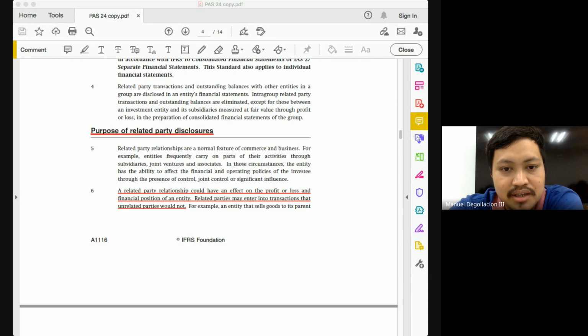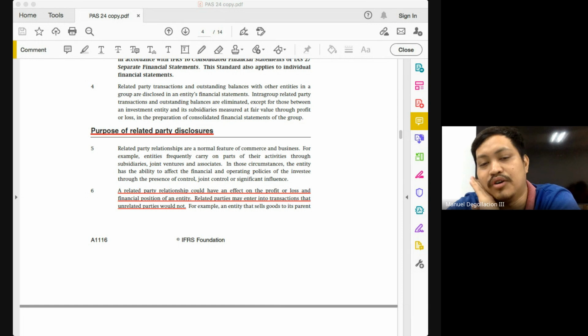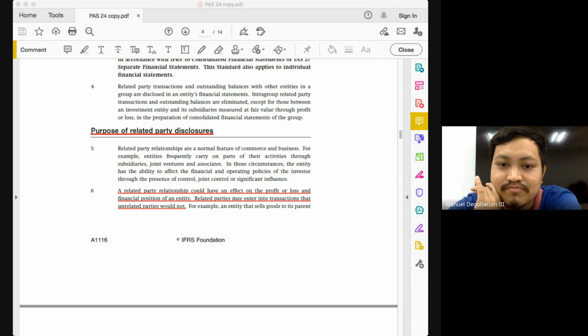Take note of paragraph 6. A related party relationship could have an effect on the profit or loss and financial position of an entity. Related parties may enter into transactions that unrelated parties would not. So if you will be asked, of course, we don't expect to be asked an essay question class, but in your minds, if you'll be asked, what's the purpose of requiring related party disclosures?